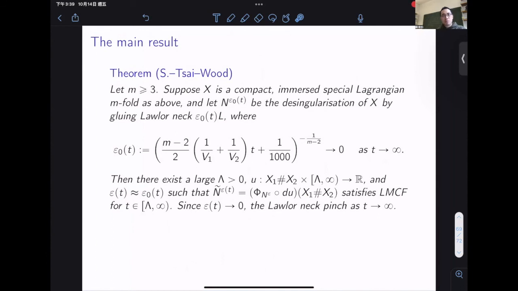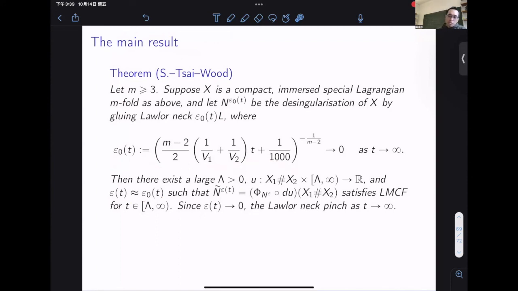Okay, so using this idea, we show that there exists a very large lambda and a solution u to that nonlinear equation such that this perturbed submanifold N_epsilon(t) tilde, given by perturbing N_epsilon by du, satisfies the Lagrangian mean curvature flow, where this epsilon(t) is some function very close to epsilon naught, where epsilon naught is a solution to the ODE.